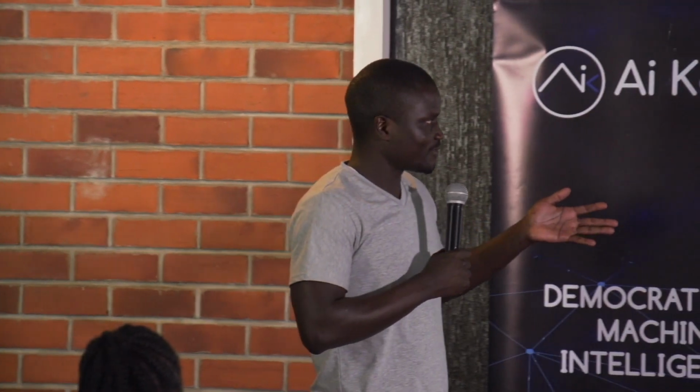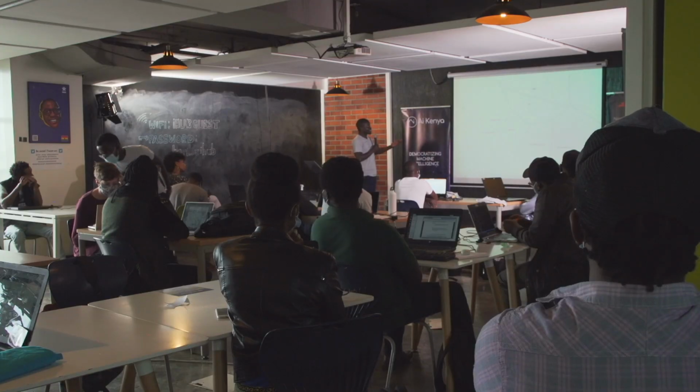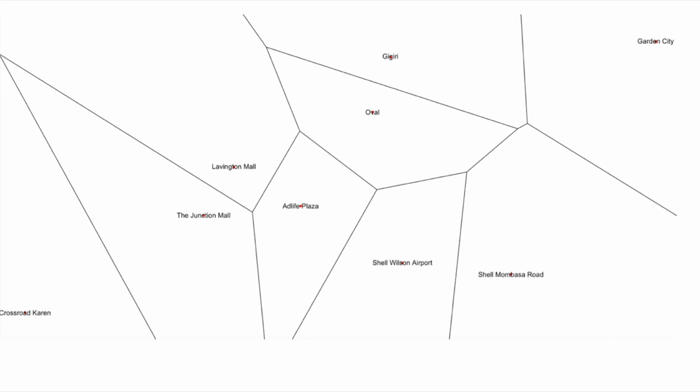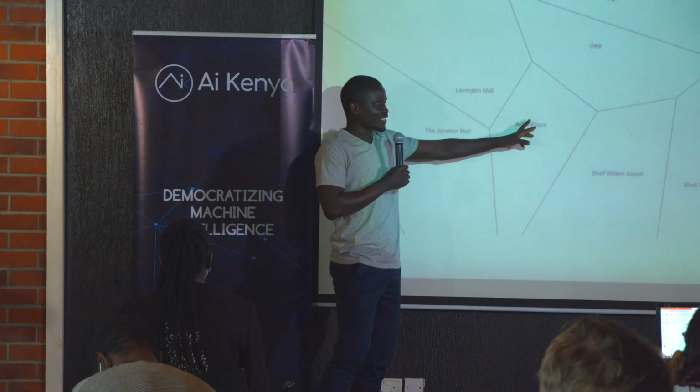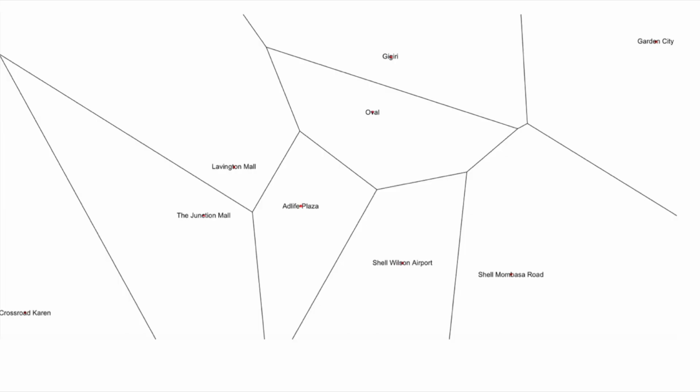This is known as a Voronoi diagram. What essentially it does is it makes each store a center point, and based on the other stores around it, it partitions your area into equally spaced regions.